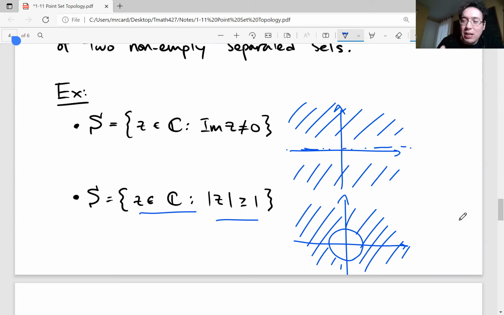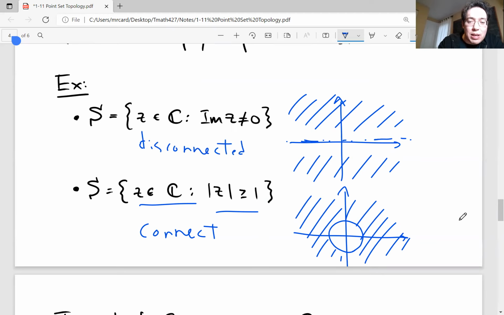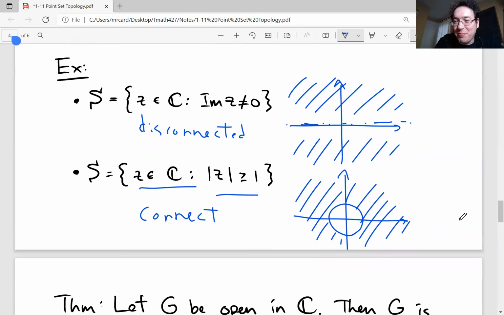Like if you try to cut them, whichever part that you cut is going to have to overlap using the sets U and V. So this is connected. Example connected set. This is an example of a disconnected set, or a set that's not connected.